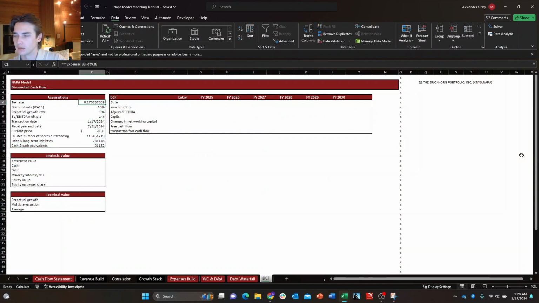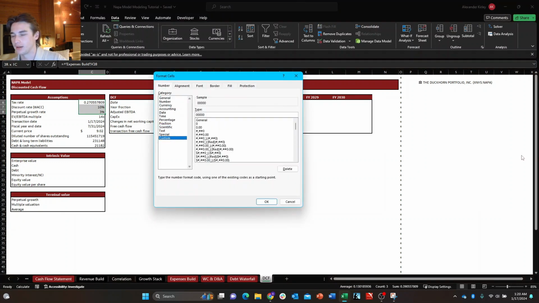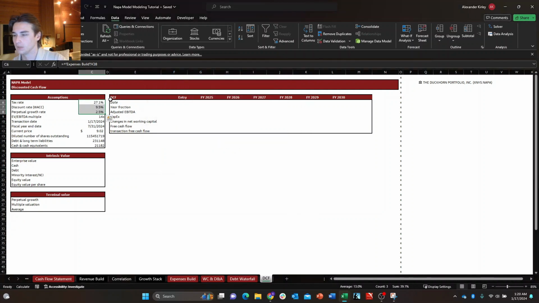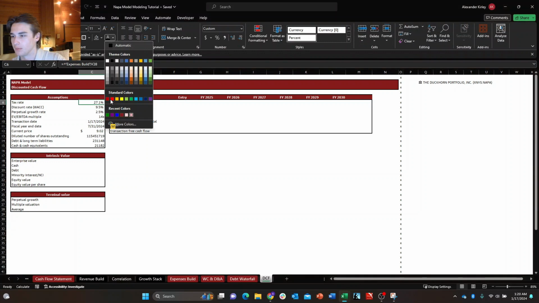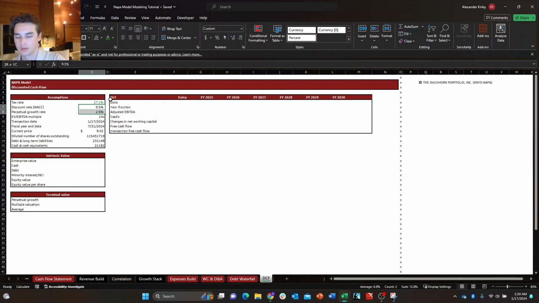Let's edit these a little bit here, just in terms of formatting. Fantastic. Make this green. Make these both blue, as well as this. These are cool.